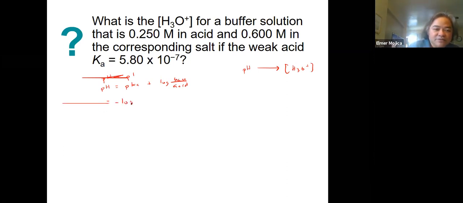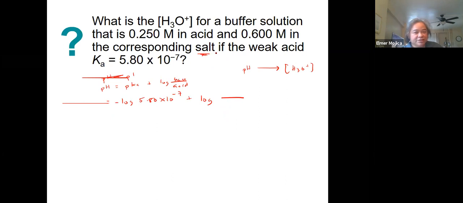Negative log of 5.80 times 10 to the negative 7 plus, so which is which? It's already said there. You might say, how can this be the base? Because usually your conjugate base will come from a salt.